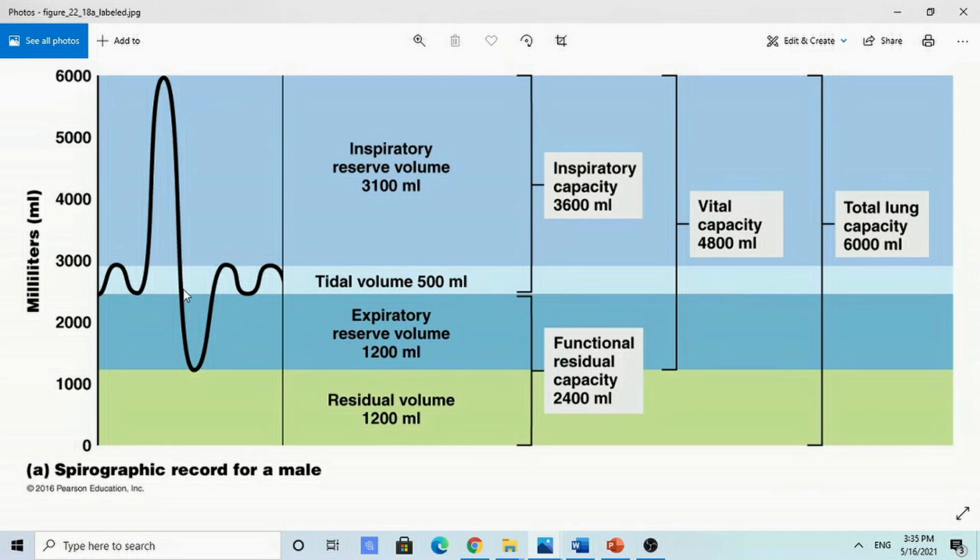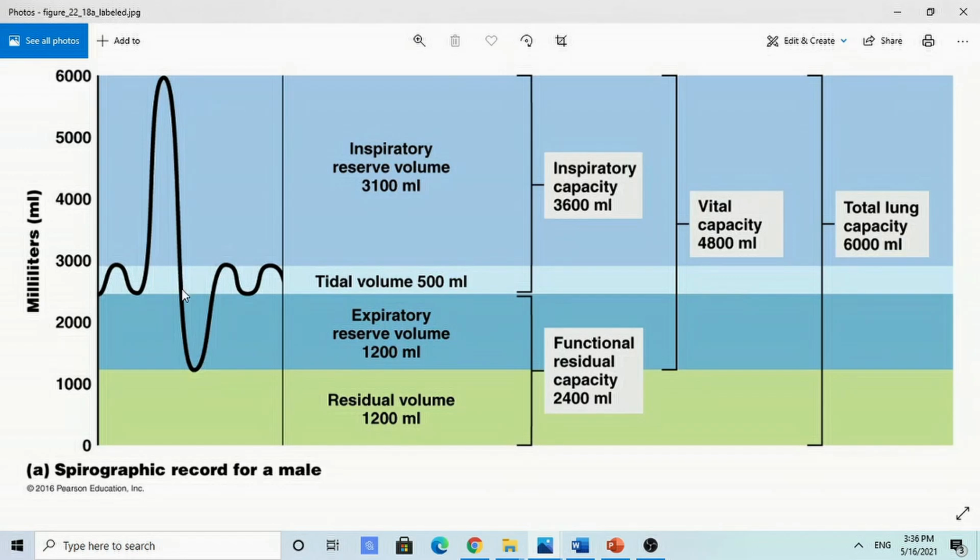Then we also breathe out that normal amount, which is 500 ml. I said this part is the amount of air we breathe in and out while breathing normally, quietly at rest. So we are here now, and we breathed out.